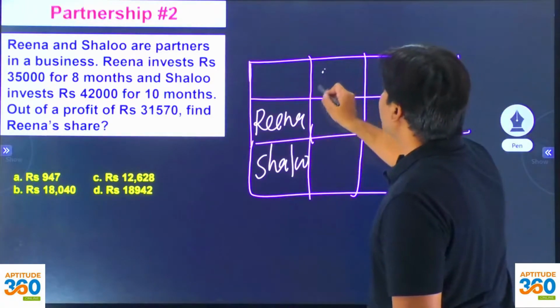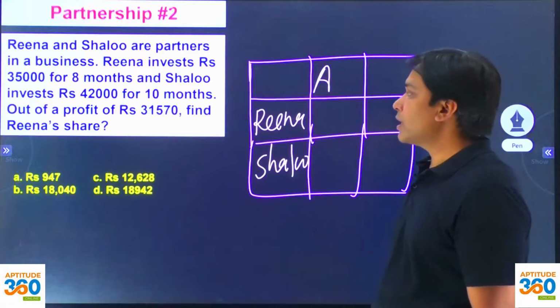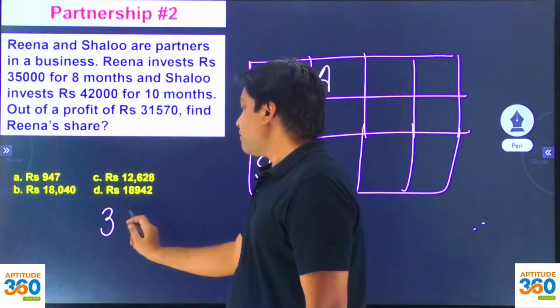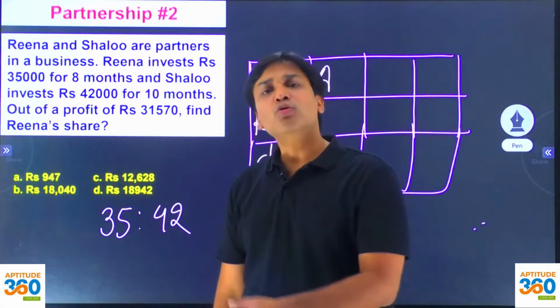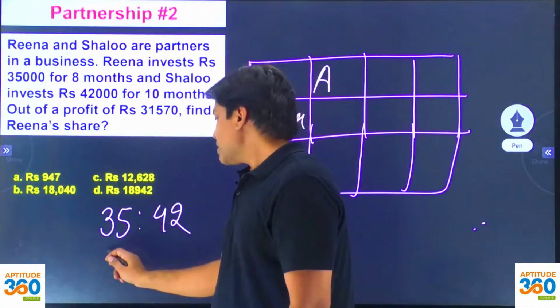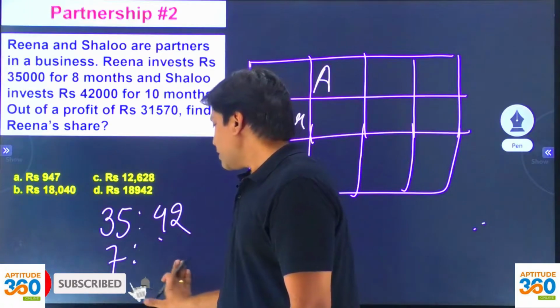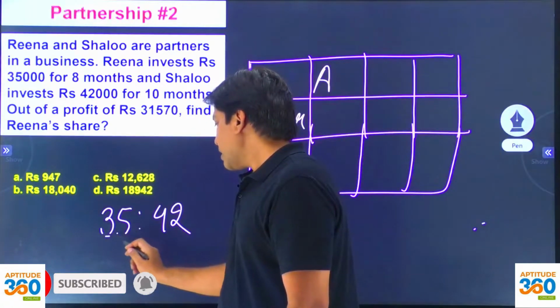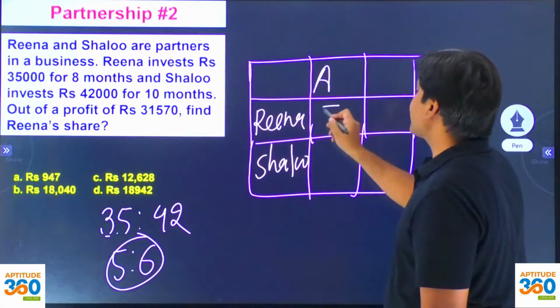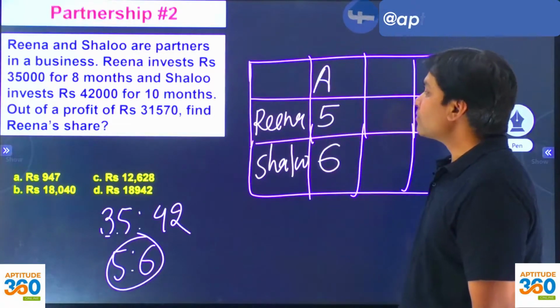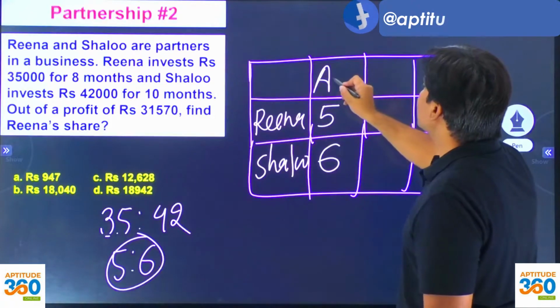And then what is the ratio of their amounts? The ratio of amount, you see, is 35,000 to 42,000. Does this make sense? Why write this time and again? So this is 7 into 5 and 7 into 6, so this ratio comes out as 5:6. So I'm going to write this one as 5 and 6. As simple as that. So that is the amount.